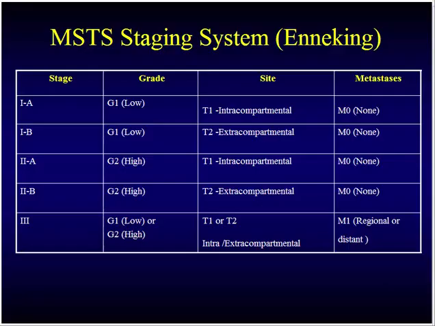So here's how we stage them, of course, in this chart. 1A and 1B. So these are low grade for malignant, intra or extracompartmental, high grade malignant, and any grade with regional or distant metastases. And these are the compartments.